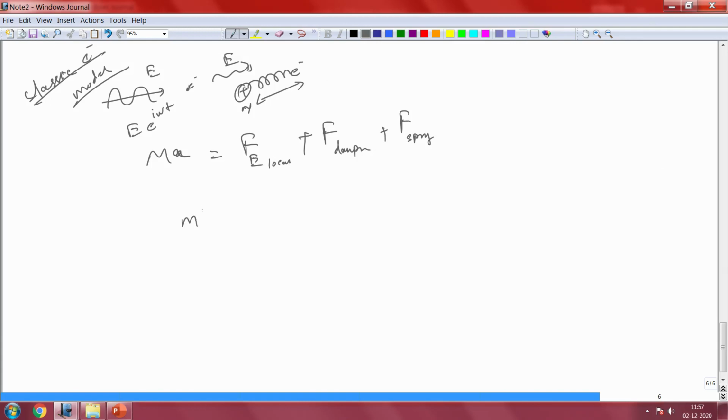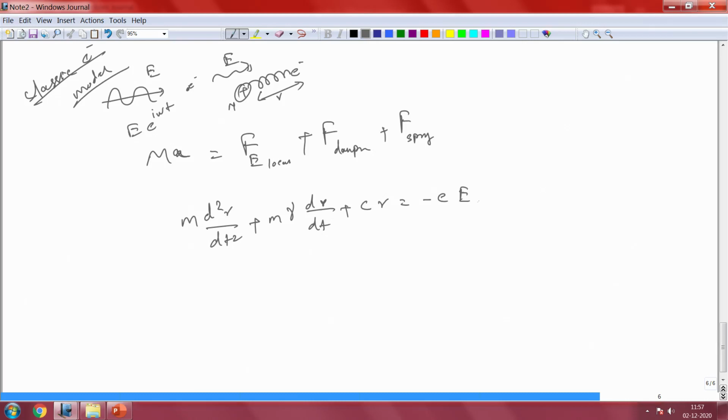So we can simply write this, let's say if r is the distance that we have. So this is the nucleus, this is r, the distance. m d squared r over dt squared plus m times gamma, this is the damping, dr over dt, plus a constant term, right, and this is equal to the force that you are applying, right.